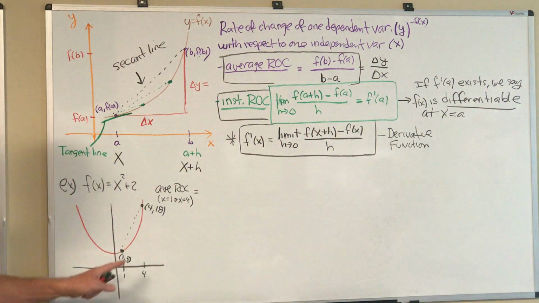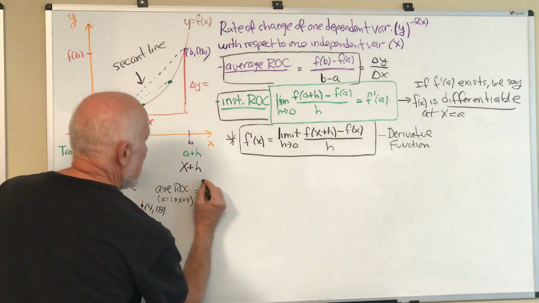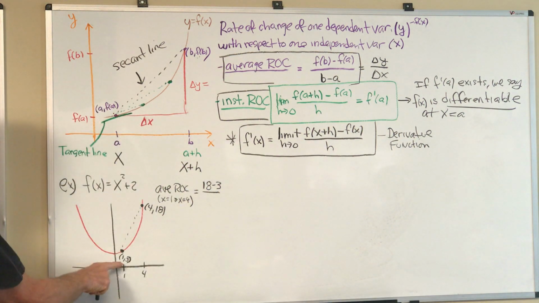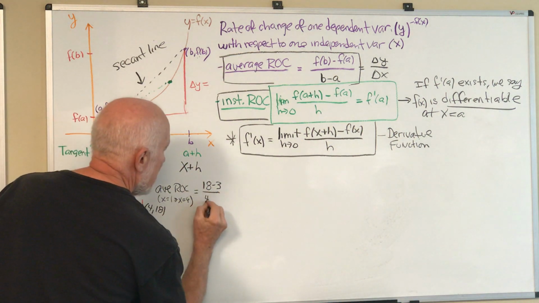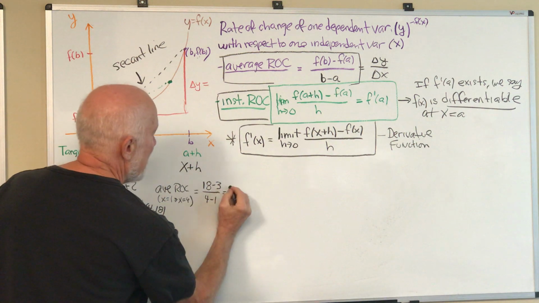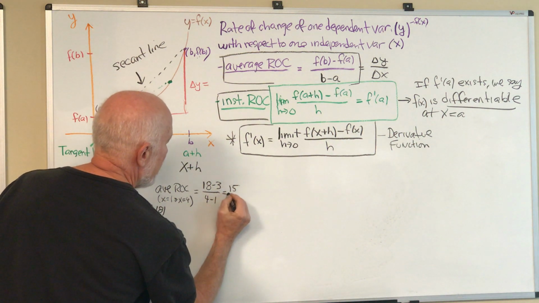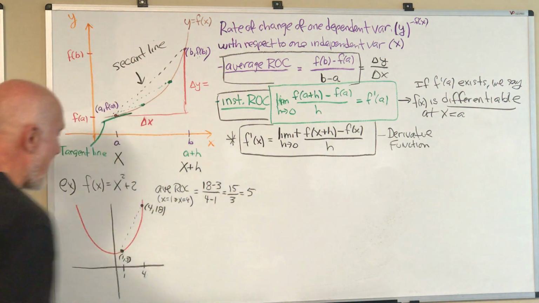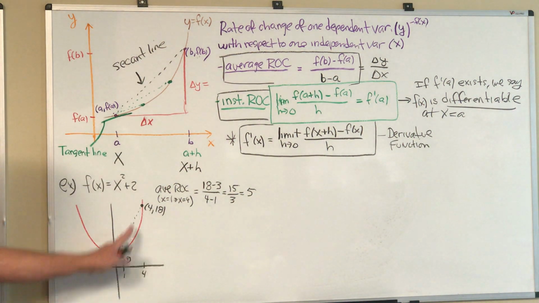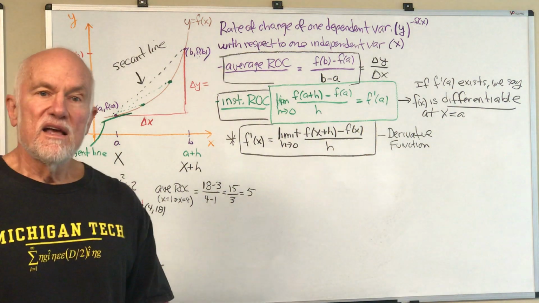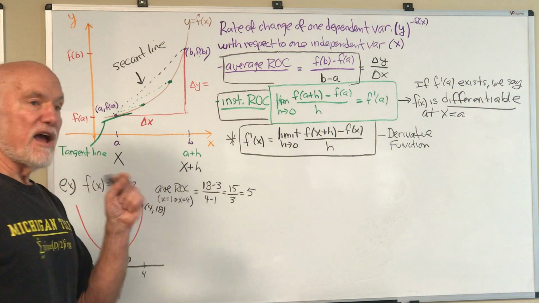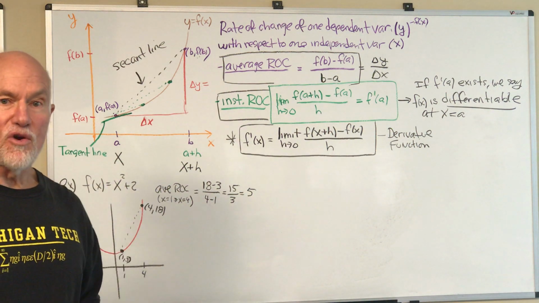So the rise over the run is, you're going from 3 to 18 and you're going from 1 to 4. So altogether you get 15 over 3, or 5. So on average, between this point and this point, the y value is going up by 5 for every 1 that the x value goes up by.